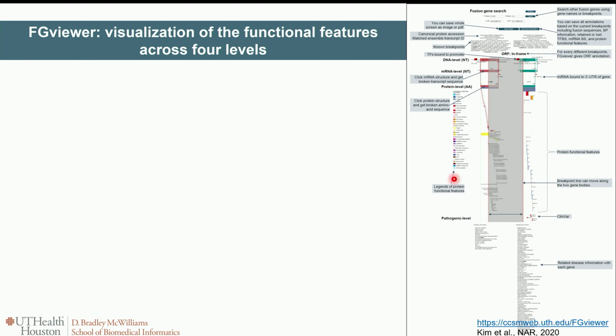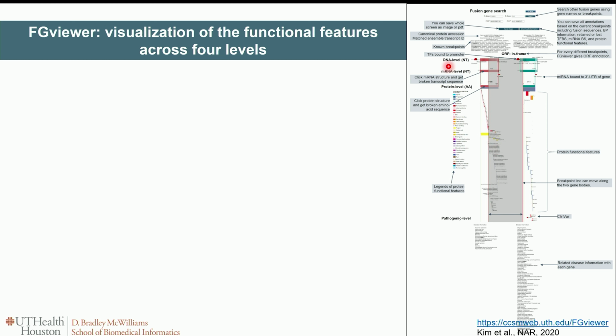This is the FG Viewer. If we put in a fusion gene name, it shows the breakpoint, and these are the known breakpoints. The left part is the first gene and the right part is the second gene. If we move these two lines, we can infer that this gray shaded area will be truncated in terms of function.